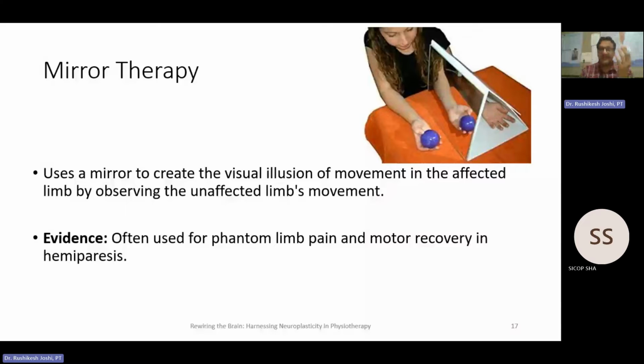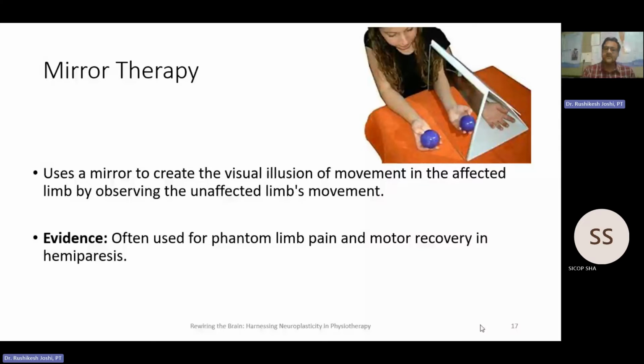Okay, so that is the visual illusion which is created. And this therapy, again, mirror therapy, is very useful in upper limb rehabilitation. And even conditions like phantom limb pain and hemiparetic patients have shown wonderful results using mirror therapy.